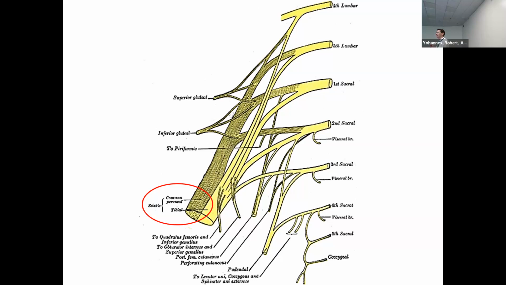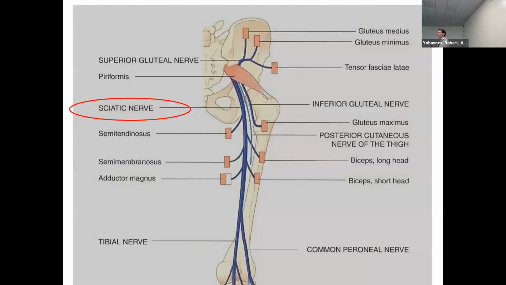And the sciatic nerve itself gives some branches to the hamstring muscles, which are the antagonistic muscles of the quadriceps. So remember, the quadriceps did the knee extension, the kicking. In order to pull back, the knee flexion, we use the hamstrings on the back here.